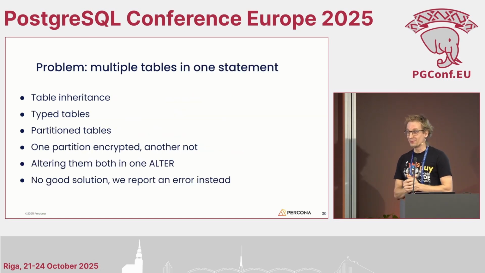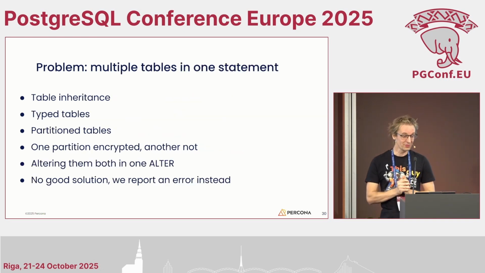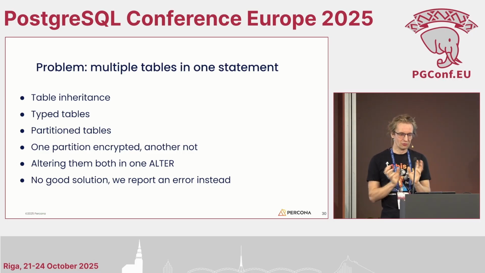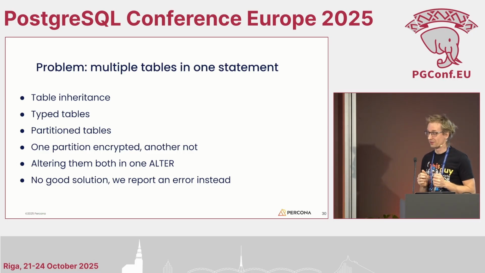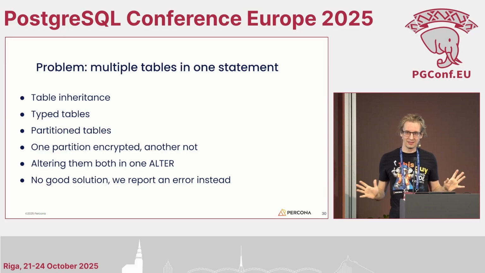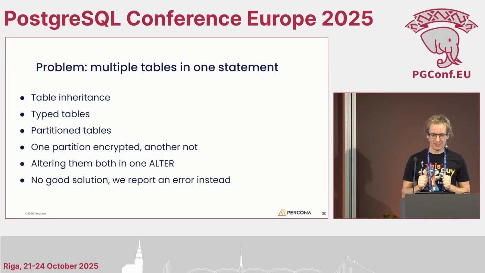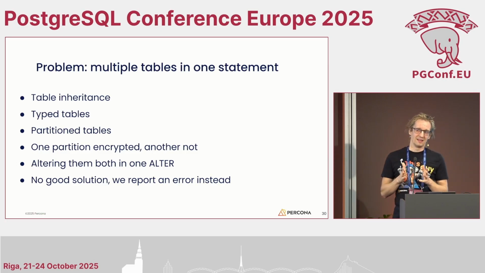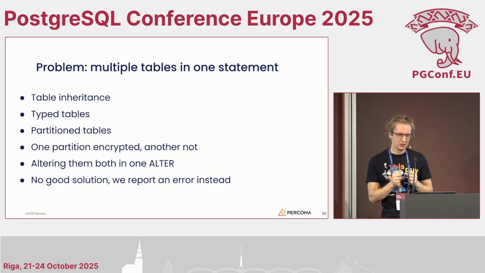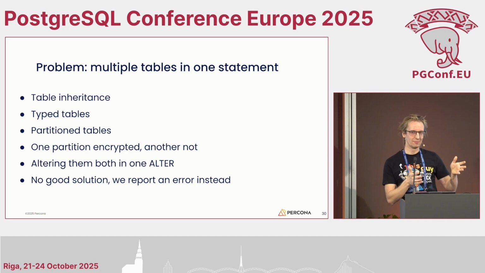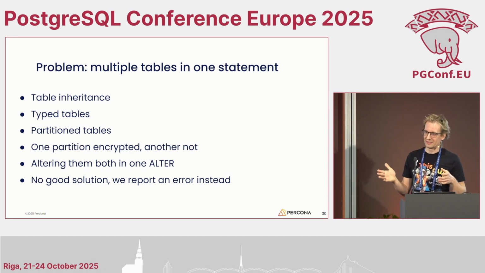And there's also another interesting corner case, which is that Postgres has some nice advanced features where tables are grouped together based on some features. There are partition tables, which are present in basically every database server, but Postgres also has table inheritance, and it also has typed tables. And if somebody is using these features, it's possible that, for example, we have a partition table where one partition is encrypted and another partition isn't encrypted.